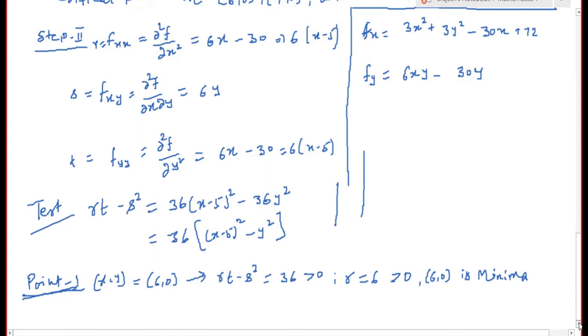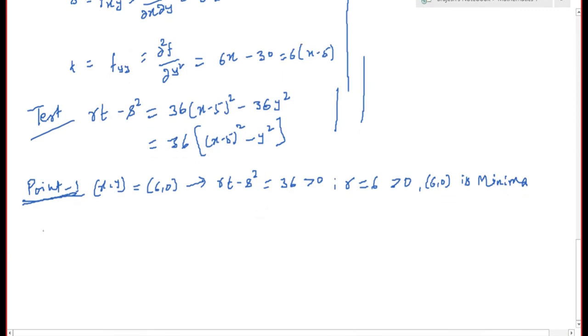Now we go for point 2 here, that is xy is equal to 4, 0. Once you put x is equal to 4, it is again 1 and it is 0. So RT minus S square is going to be 36, which is greater than 0. Now what about R?